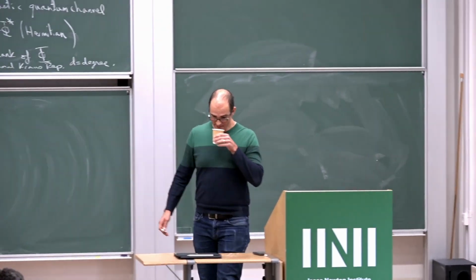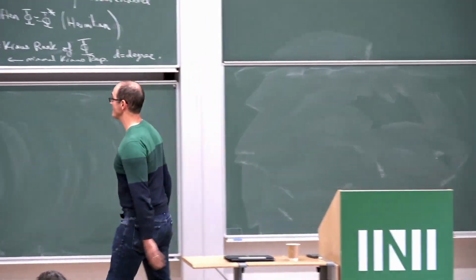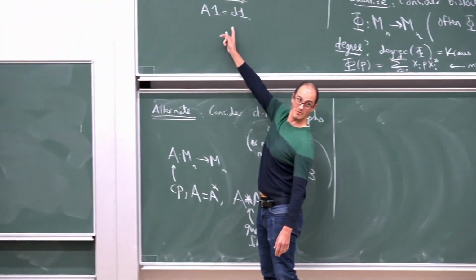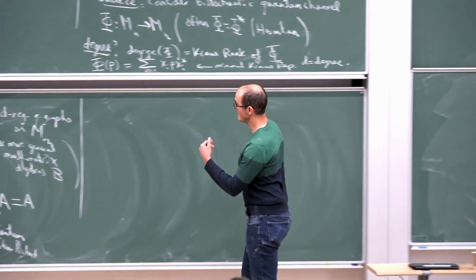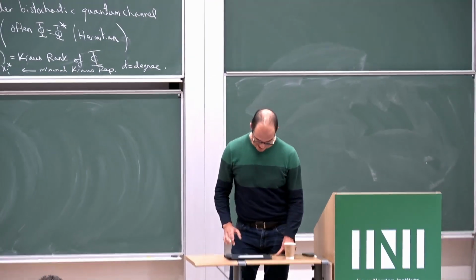So I guess we've all seen this before, and d-regularity again is just this condition right here, right? So we say it's d-regular if the unit is an eigenvector.